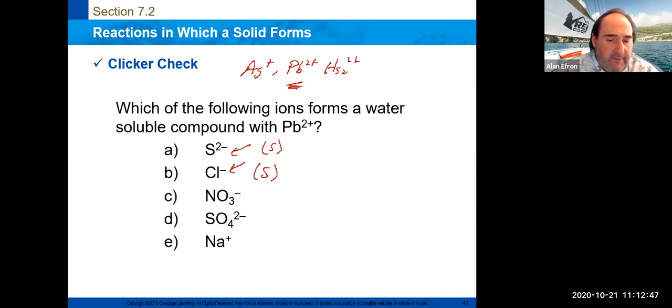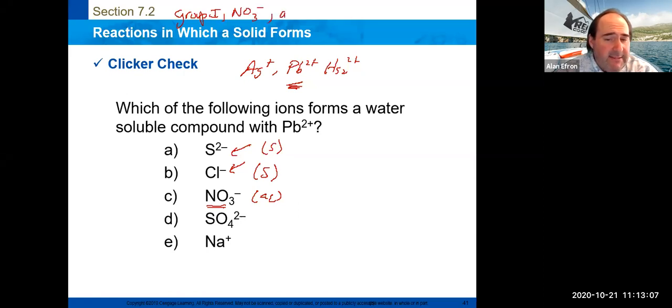Now, when we put the lead together with nitrate, we're pretty much good to go because nitrate is soluble in everything. So we would expect this to be aqueous. So remember, the ones that are soluble in everything with no exception are group 1 and anything with nitrate.